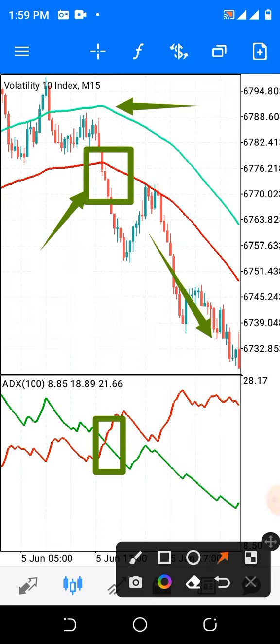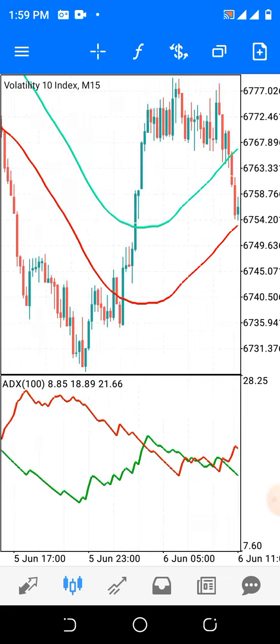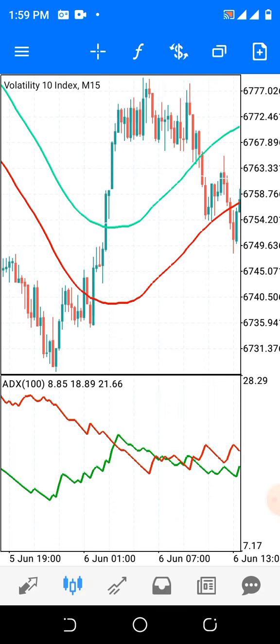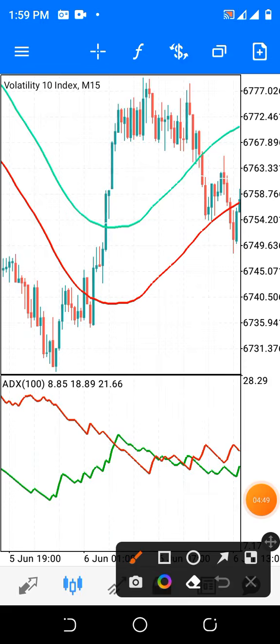Now this is another opportunity for you to gain from the market. You see the candlesticks crossing the green line of the envelopes indicator, and also here you see the crossing as well.